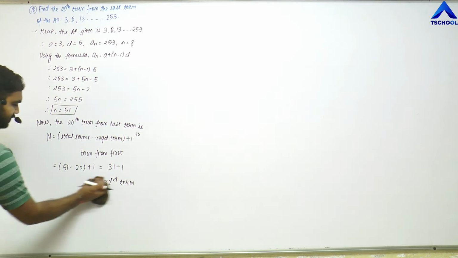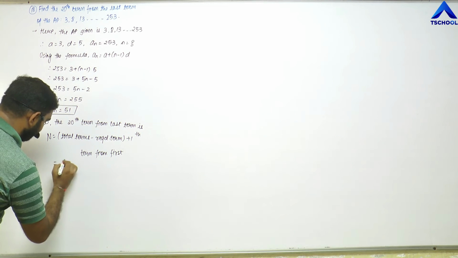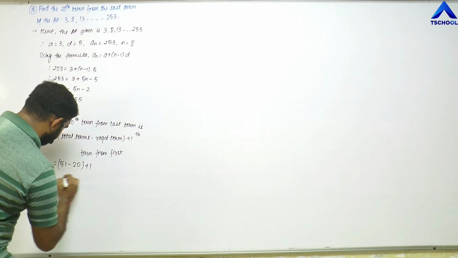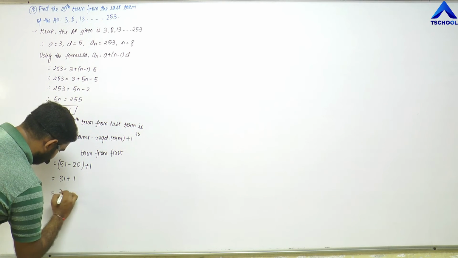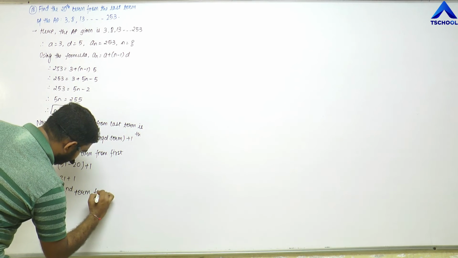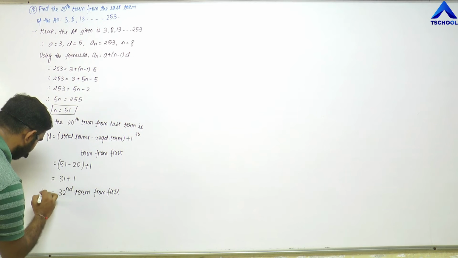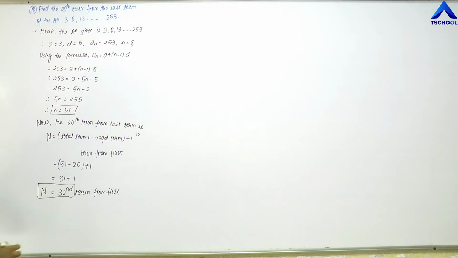So the 20th term from the last is the 32nd term from first. So we got this N as 32, right?